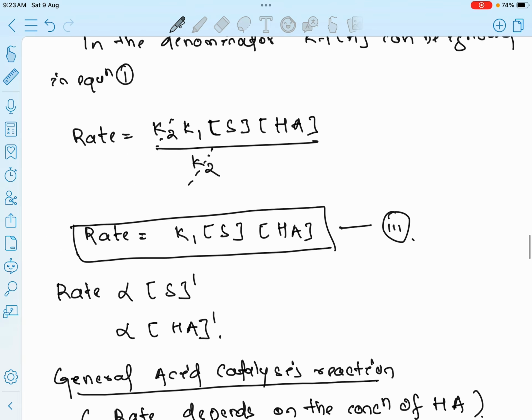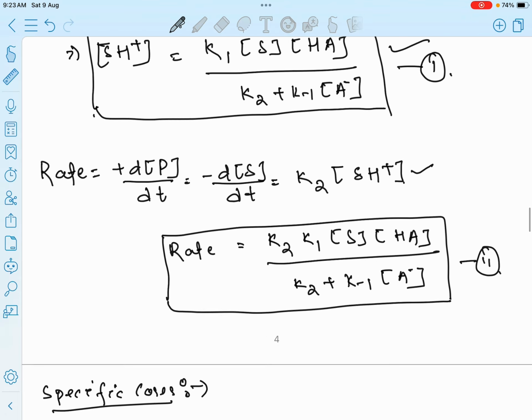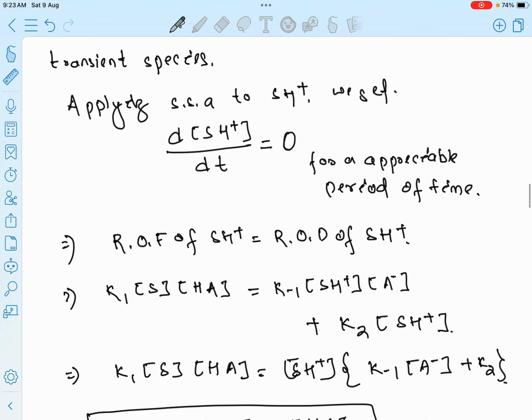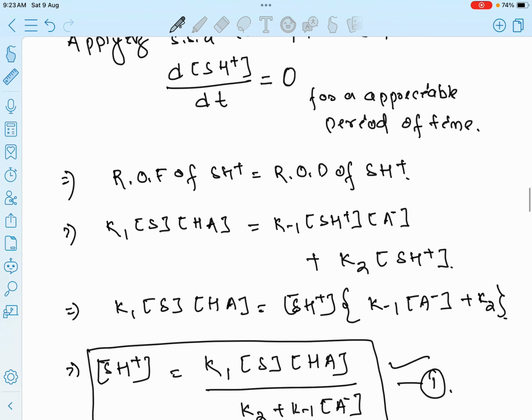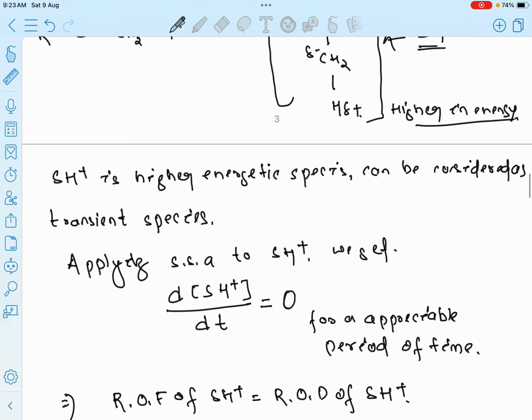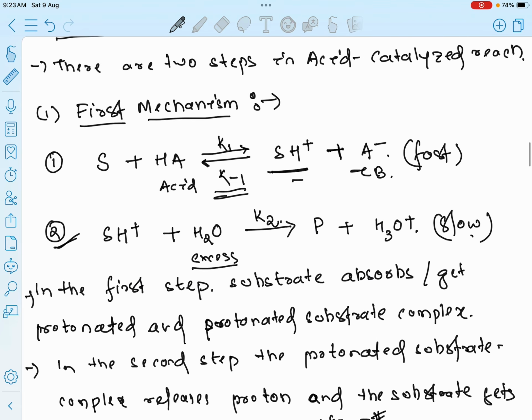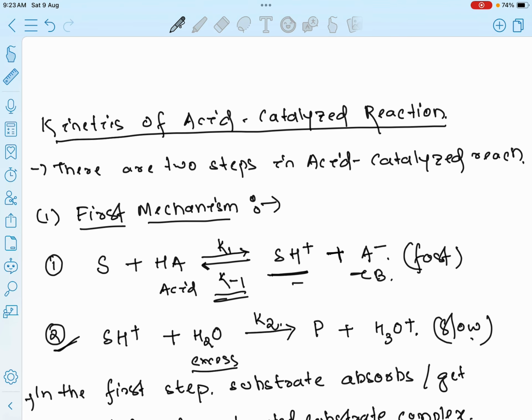Similarly, in the given step, if we use a base, then it will be a simple base catalyzed reaction.